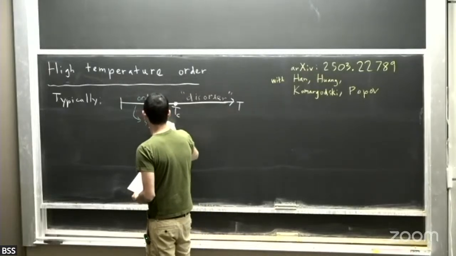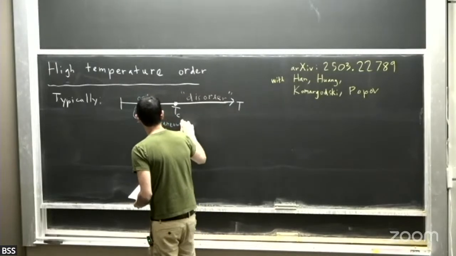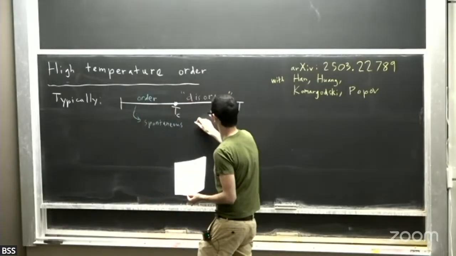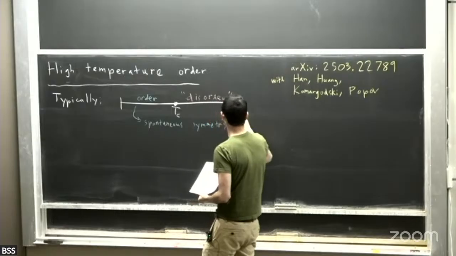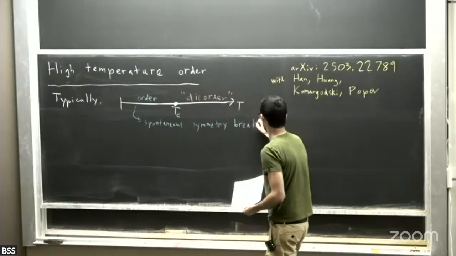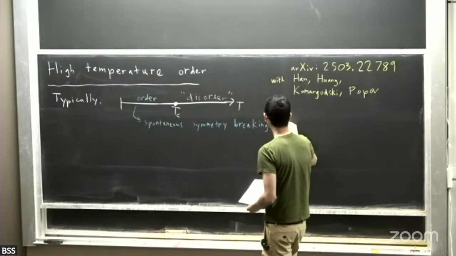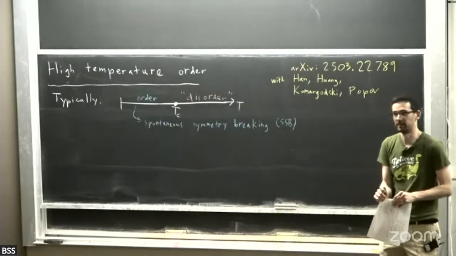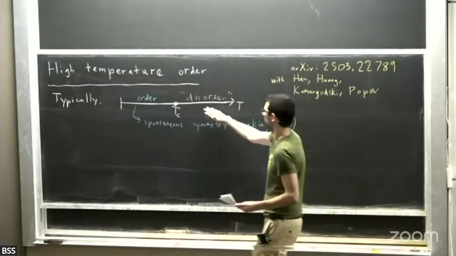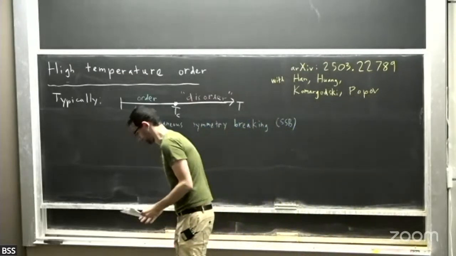So for this lecture, I'll be thinking about order as essentially the spontaneous breaking of some global symmetry. And this is usually the way that nature works: the ordered phase is at low temperature and the disordered phase is at high temperature.